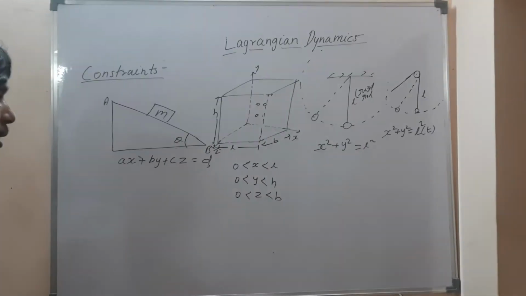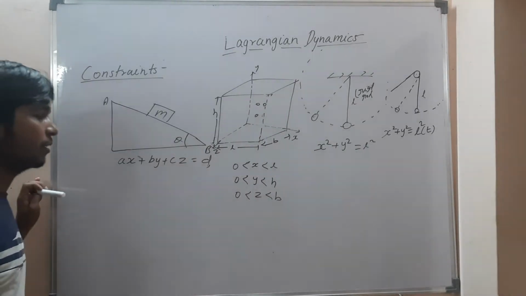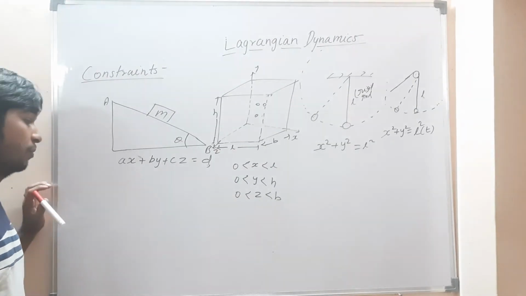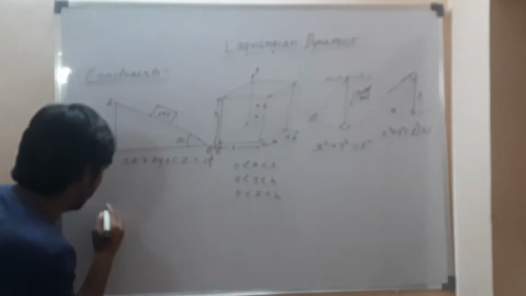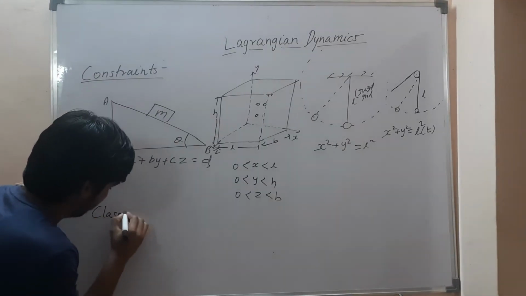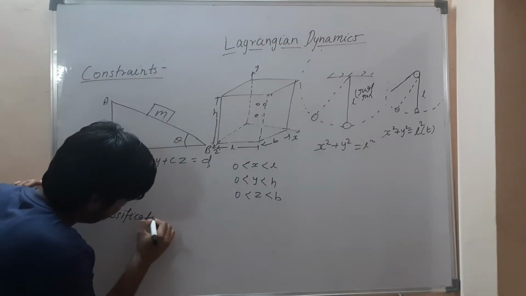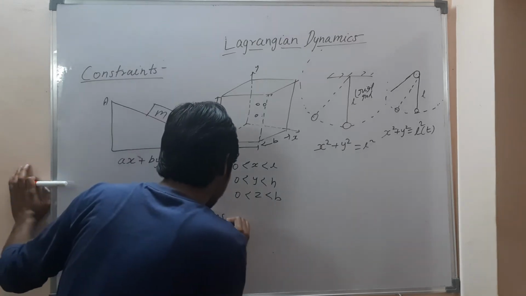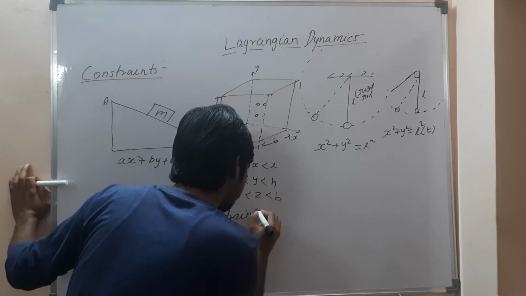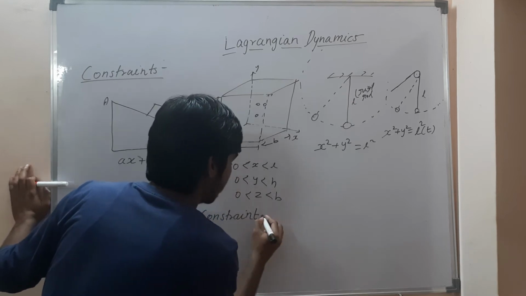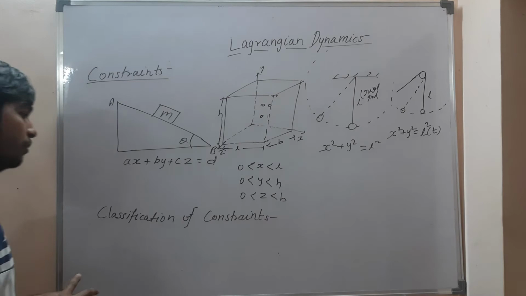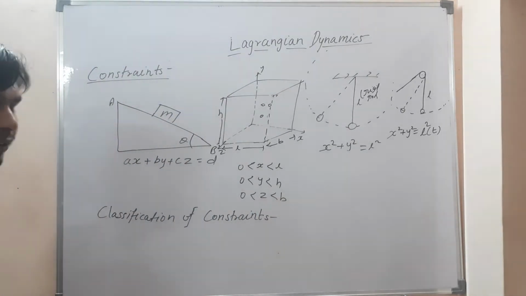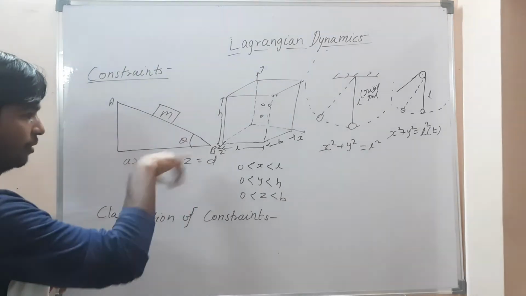So these are the 4 examples I have taken, and through this we will try to classify the constraint. Let us see the classification of constraint. Now, if I ask you, can you find any difference between all of these?